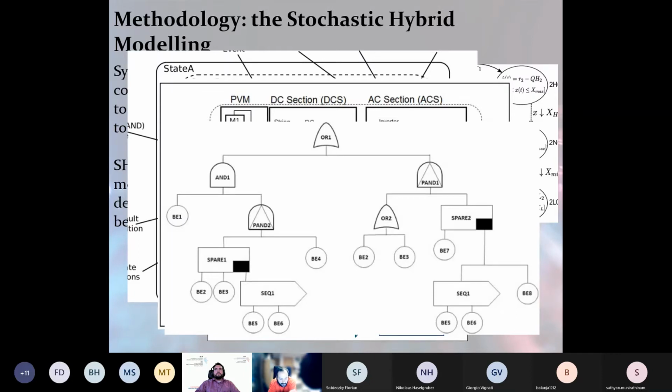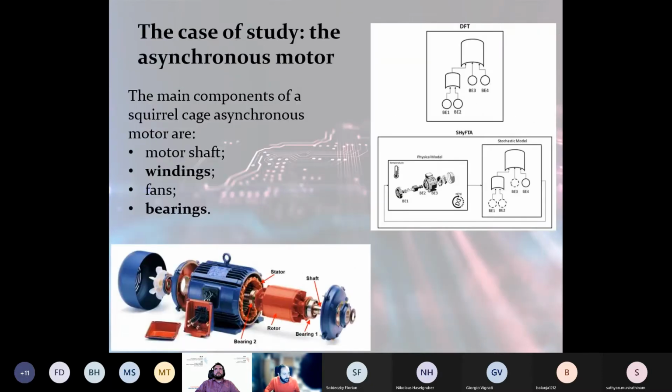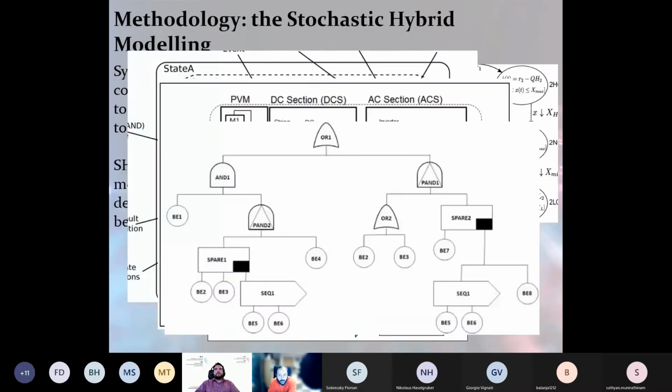And in this case, we need input about failure rate, because as you know, the failure rate of a system changes depending on the working condition and many other factors that we should take into account. In general, as you know, the failure rates are considered constant because we assume that during the useful life of the component, we only expect a random failure. But this is ideal and is not the real life.